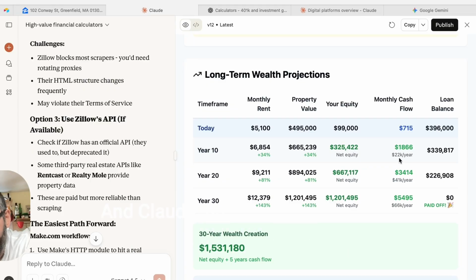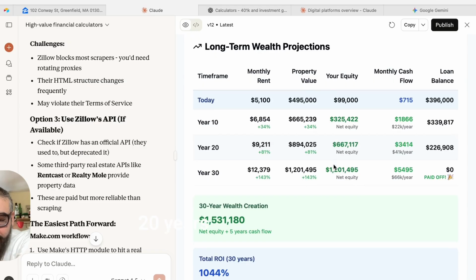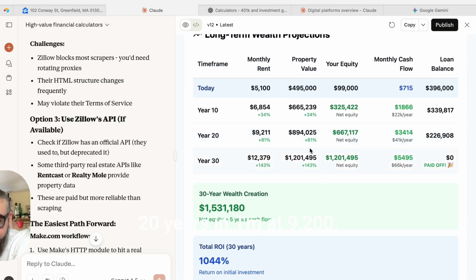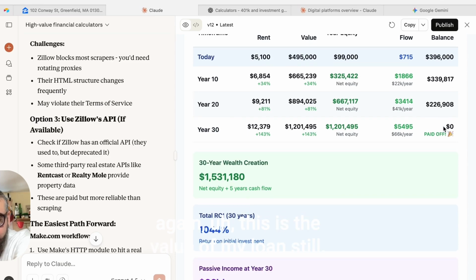And Claude, it was nice that it did this, that it broke that down into amount per year. And that's what I would have left on the balance of my loan. 20 years in, I'm at 9,200, making 3,400 a month. Again, this is the value of my loan still. And then 30 years out, when I'm 73 years old, it would be paid off, but I'd be bringing in 6,600 a month.